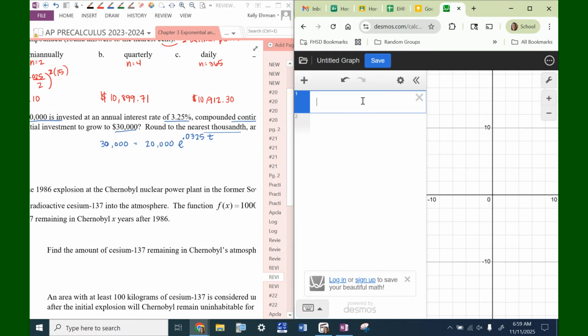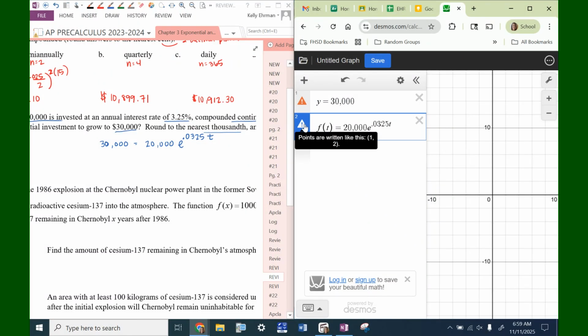All right, so this is y equals 30,000 and y equals 20,000 e to the 0.0325 t. And I guess if I'm going to put t there, I shouldn't make this y. I should make this like f of t.